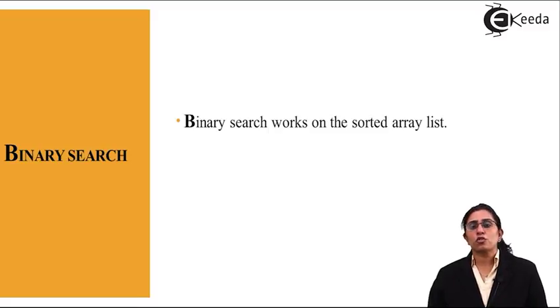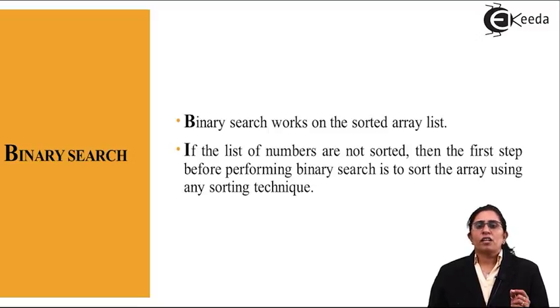So we usually sort the elements using the bubble sort technique, which is the simplest method to sort a list. As I have said, the first step, if the list is not sorted, before performing the binary search is to sort the array using any sorting technique.